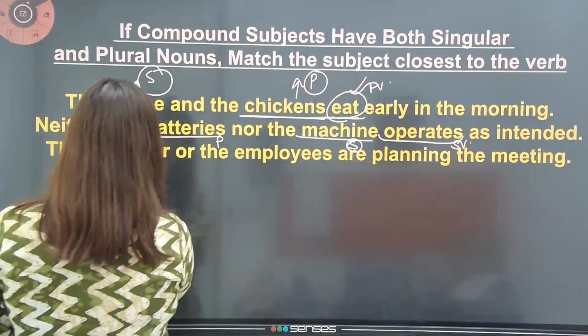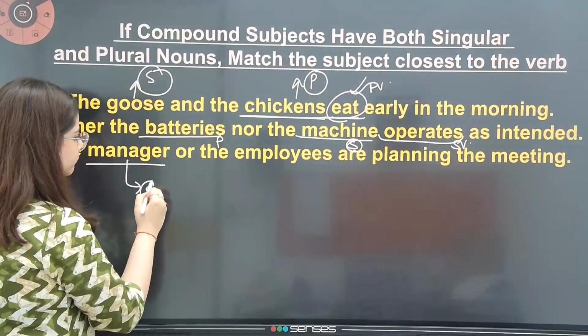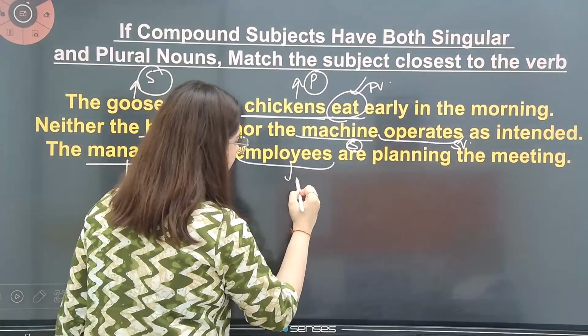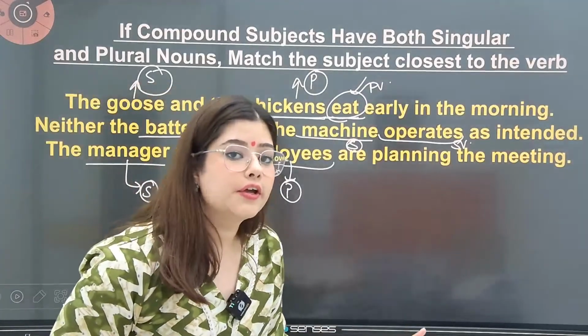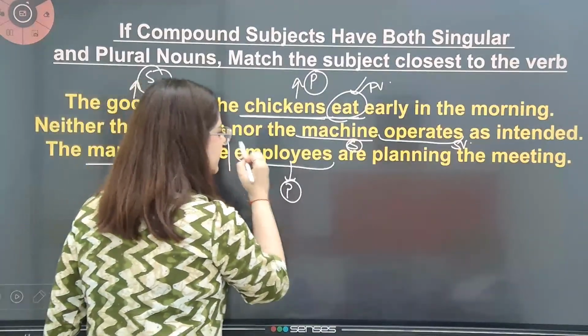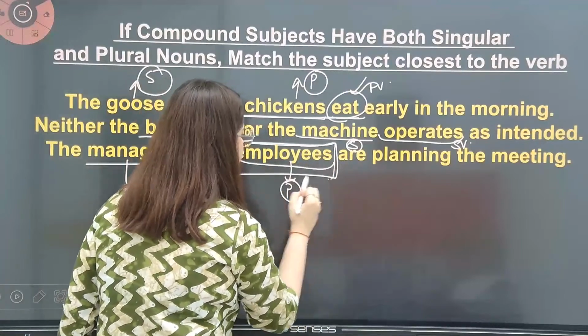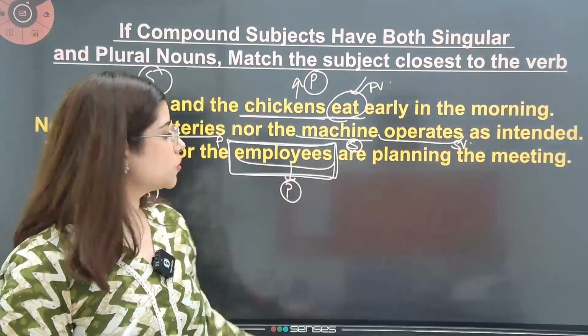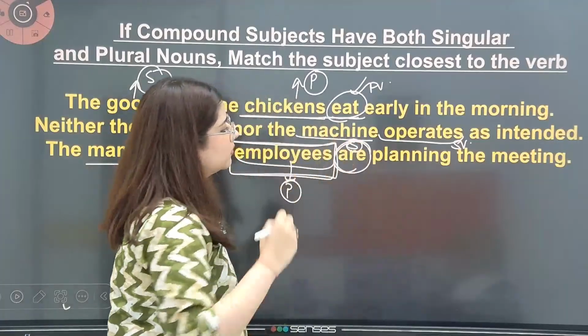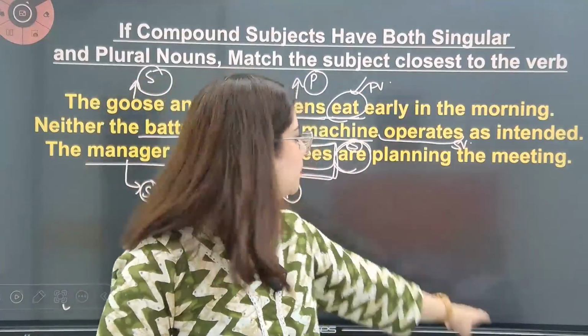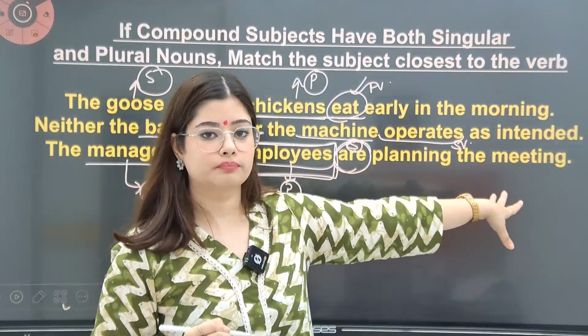The manager, singular, or the employees, plural. What am I going to consider here? I am going to consider this as my subject in order to decide my verb form. So employees is plural, are planning the meeting, a plural verb form.